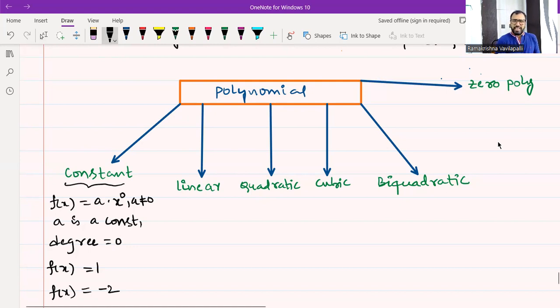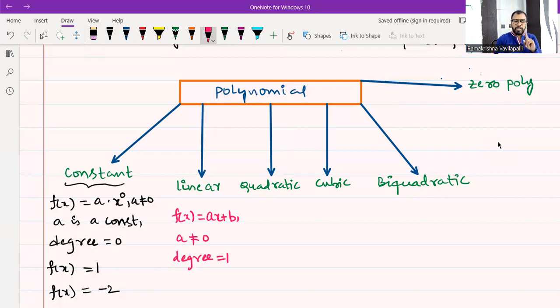Now, what is a linear polynomial? A linear polynomial means it will contain only degree 1. So this is equal to ax plus b, where a is not equal to 0. For this, what is the degree? The degree is equal to 1.